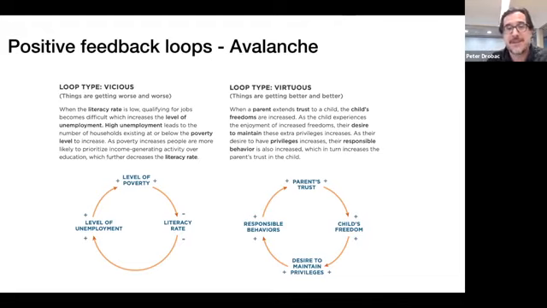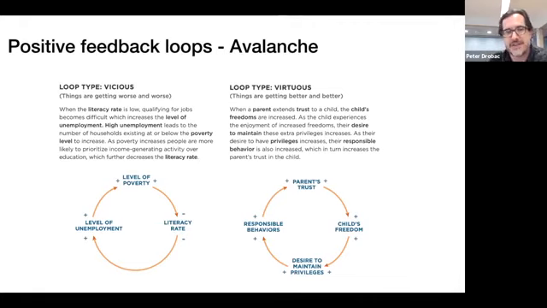Positive feedback loops are when one thing begets another, and it becomes a vicious cycle or a virtuous circle. A vicious cycle you can see here is where the intersection between low literacy, unemployment, and poverty levels can all be mutually reinforcing in a way that can be really destructive, right? A family living in poverty is going to have decreased access to education.